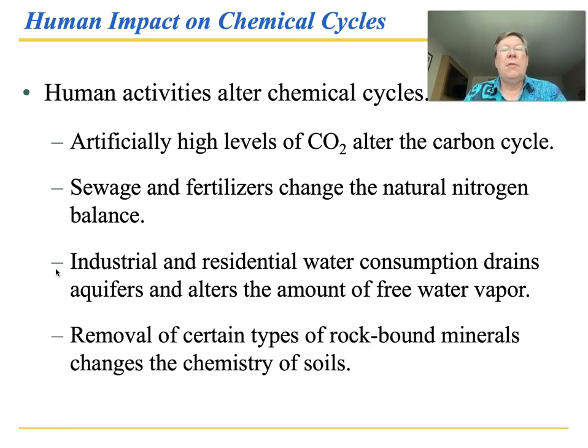And then lastly, we deal with a variety of minerals that we are removing from the places where they would ordinarily become part of the abiotic geochemical cycle. We're removing them where they could potentially be washed into the environment, and as a consequence, you're going to have a change in the soil chemistry. So there are a lot of these kinds of things.